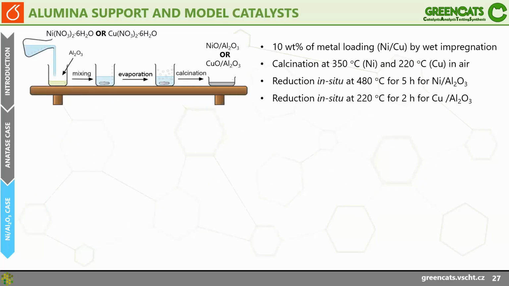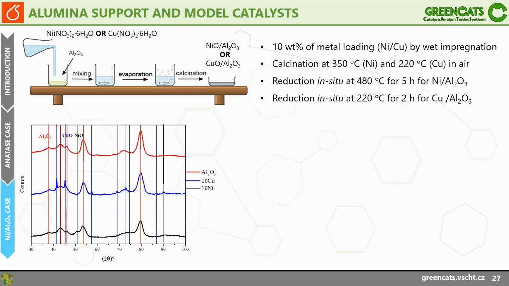So we prepared catalysts by simple impregnation, with nickel and copper 10%, either one or the other, on alumina. We also prepared mixed samples, but that goes outside of this because we don't understand everything yet properly.